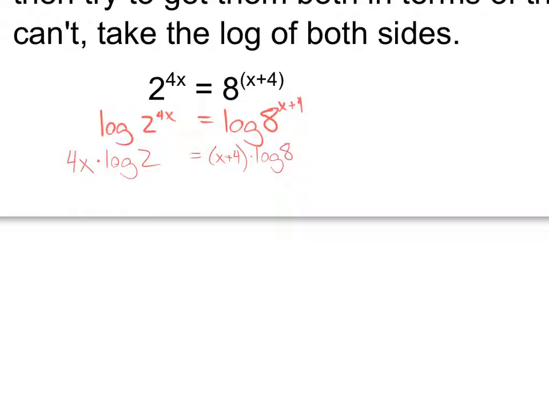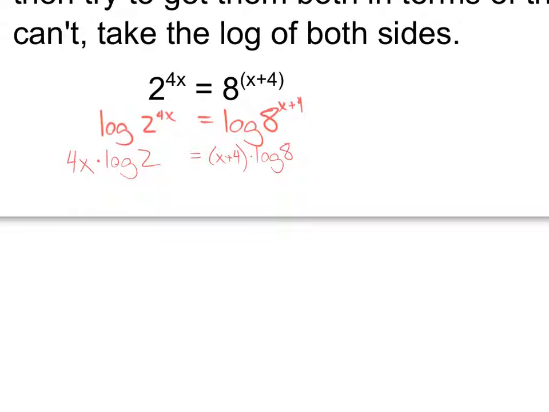Now, I don't expect you to know what the log of 2 is, all right? But you can use your calculator now to solve it, okay? If you do log of 2 and log of 8 on your calculator, yeah, you're going to get decimals, but that's okay, all right? Does that make sense?